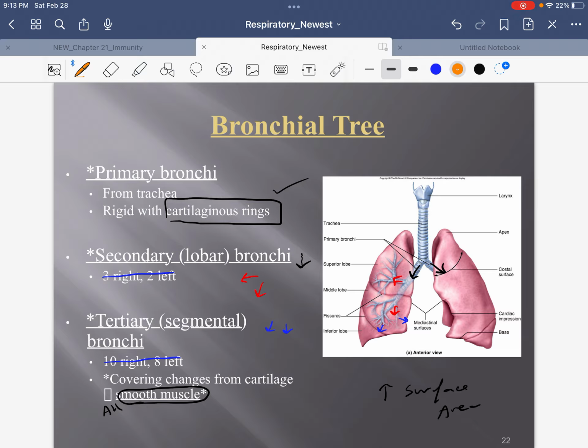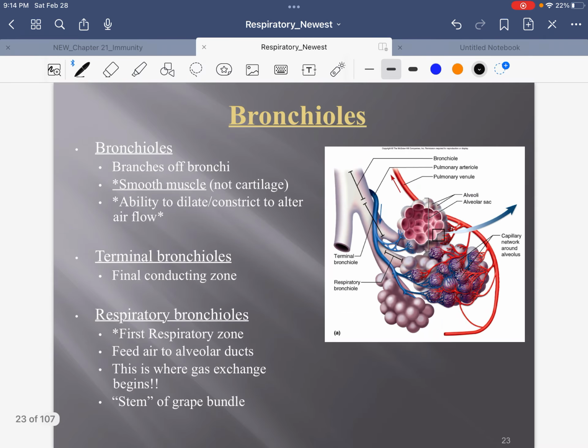Now, after the bronchi, I would like to point out these are all bronchi. Bronchi, bronchi. That's all we can see from this view on this picture here. Now we're going to have to get microscopic. When we get microscopic, now we're talking about bronchioles. Not just bronchi, bronchioles.